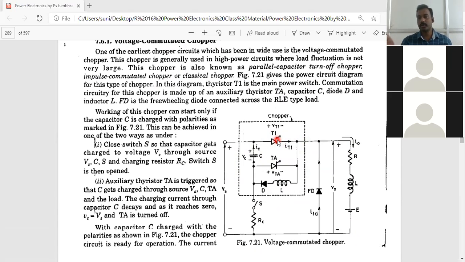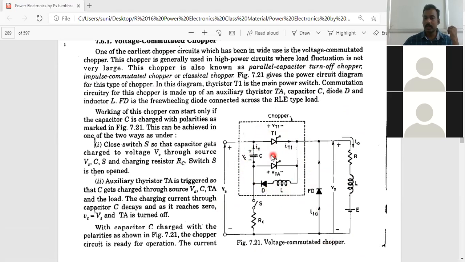It chops the fixed DC voltage to a variable DC voltage depending upon the switching frequency. So this chopper is to be turned on and turned off frequently with a high frequency.